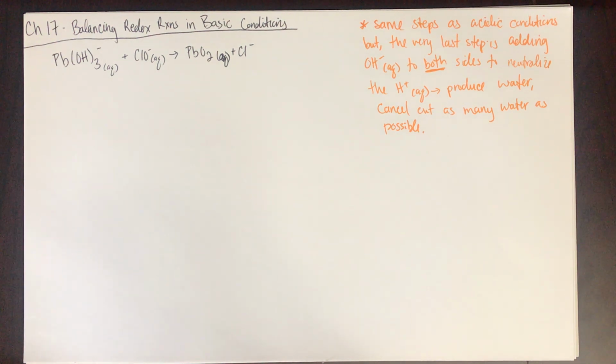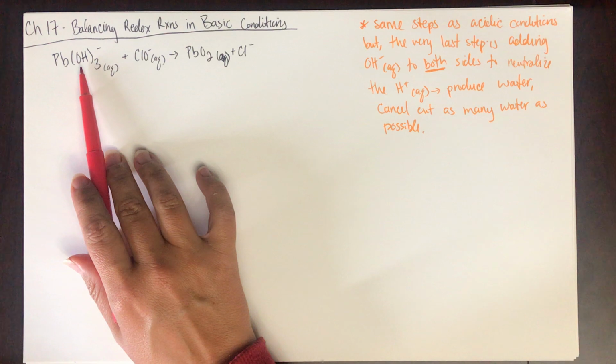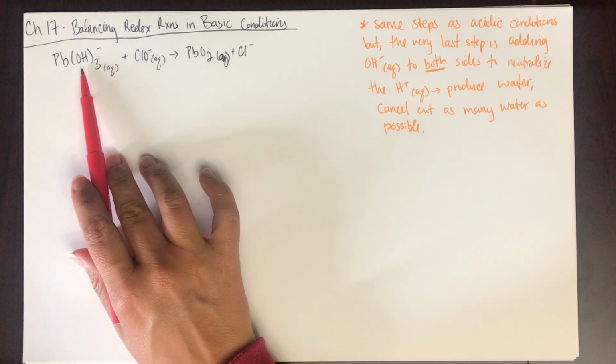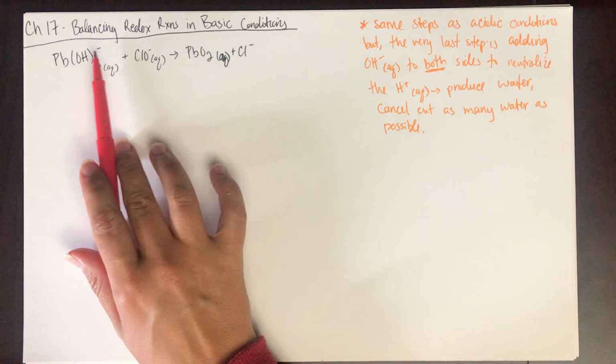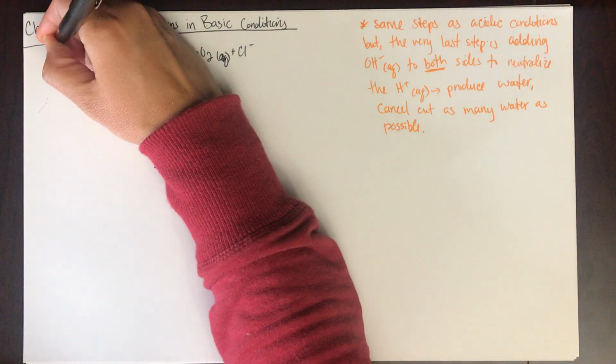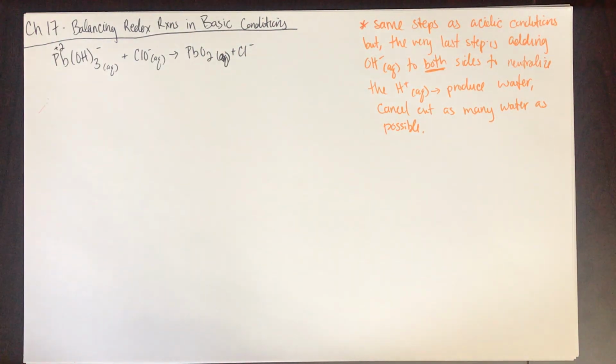In this plumbite ion, I know that hydroxide has a charge of -1, and I have 3 of them, so that's -3, and it has an overall negative charge, so I know that this lead must be +2.